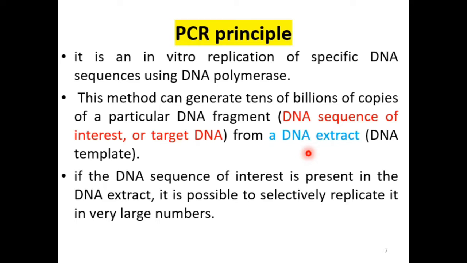By looking for the sequence of interest, which is present in that DNA extract, we will amplify it by PCR, and then we will get a very large amount of this DNA segment or DNA template that we can use to look for the disease, or do our research, depending on what we want to do with it.